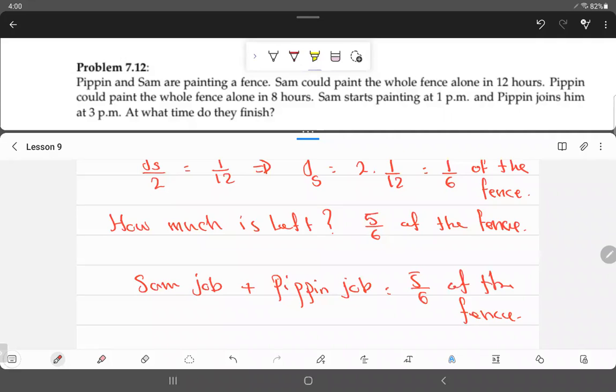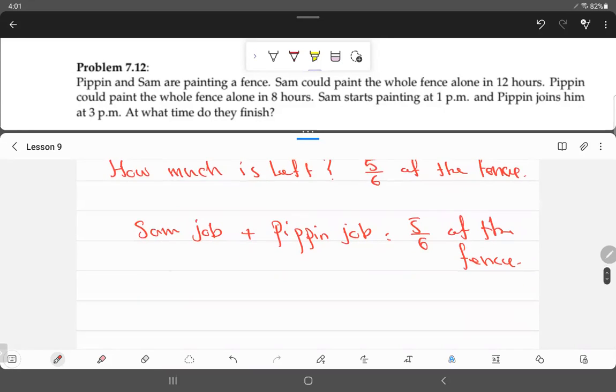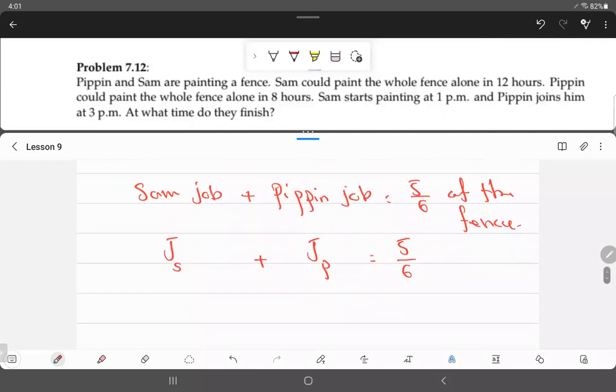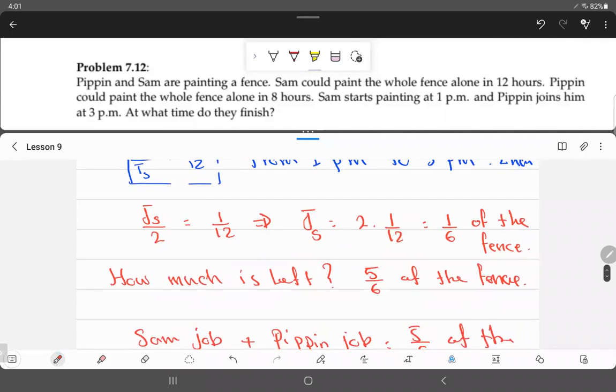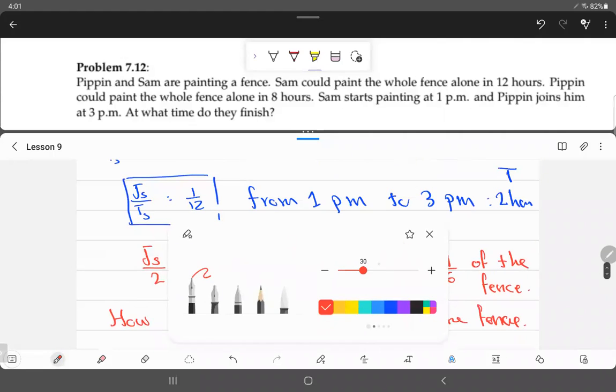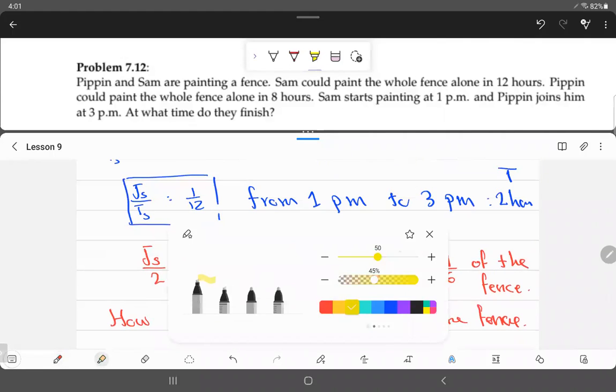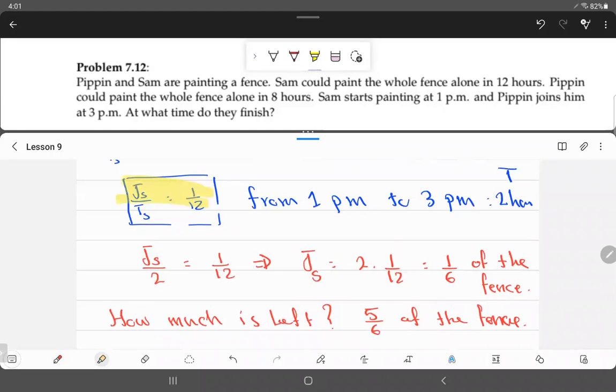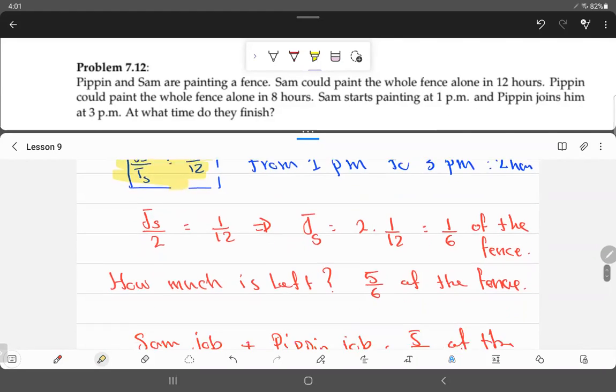Do you agree? Sam's job is JS plus JP equals 5 over 6. Okay, we know this. We know that J over T equals 1 over 12, right?